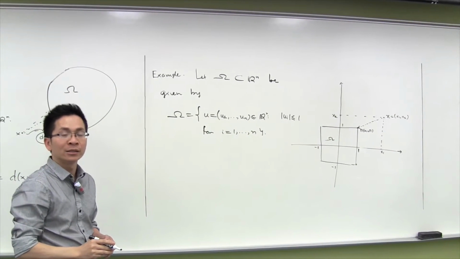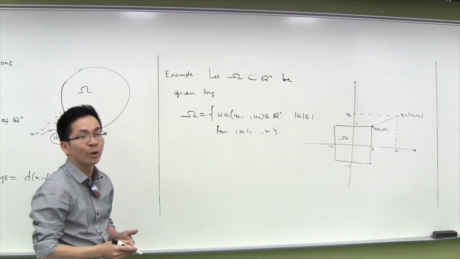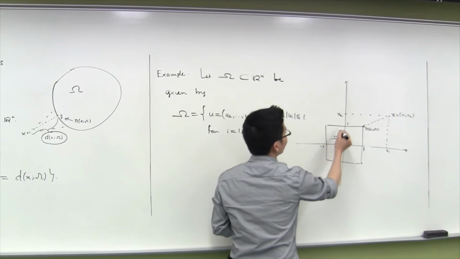In the case where n is equal to 2, omega is exactly the unit square in R^2, as in this figure.